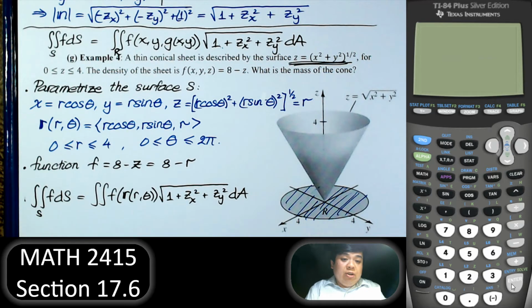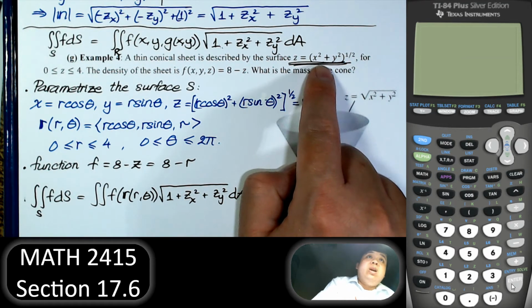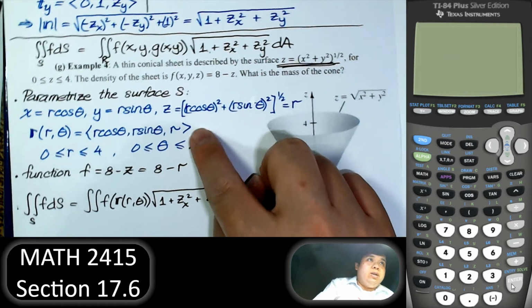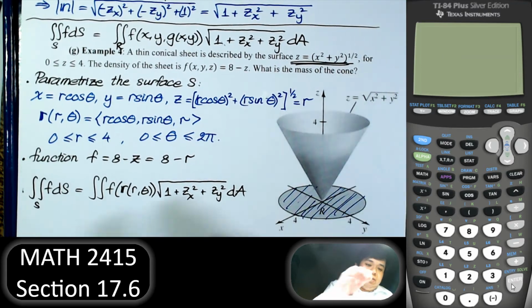Still need to calculate that. We know z is equal to r. Actually, this is much better.